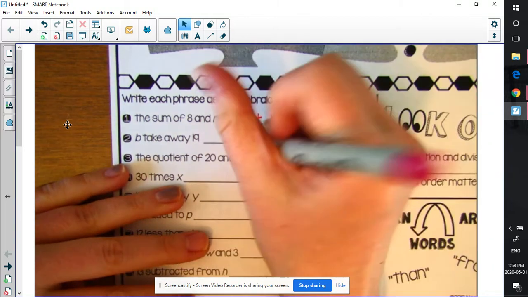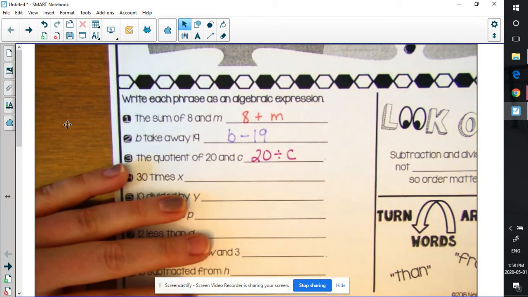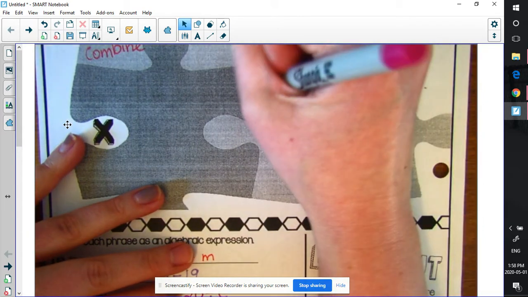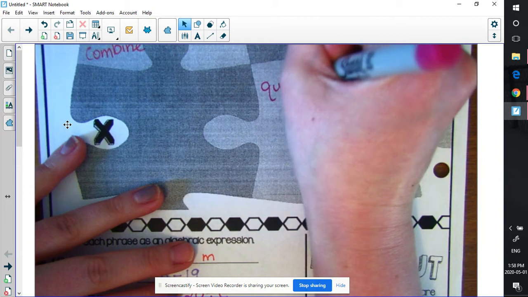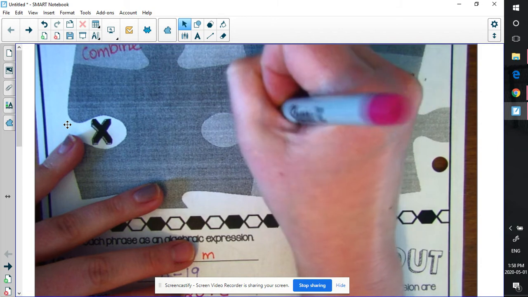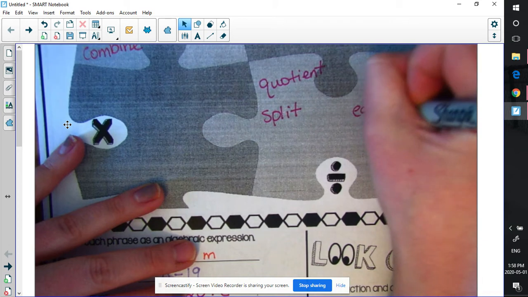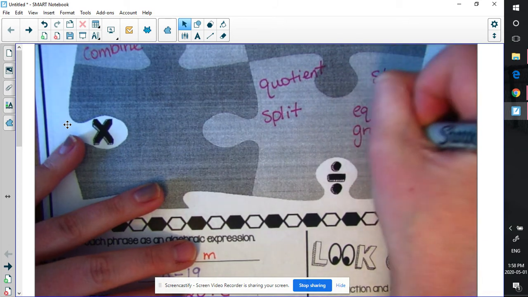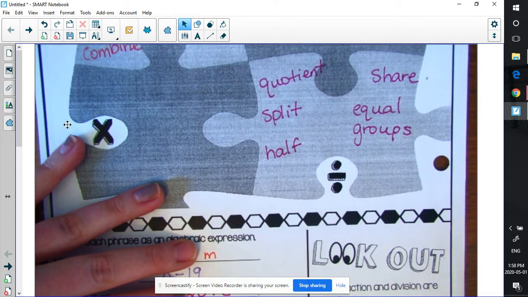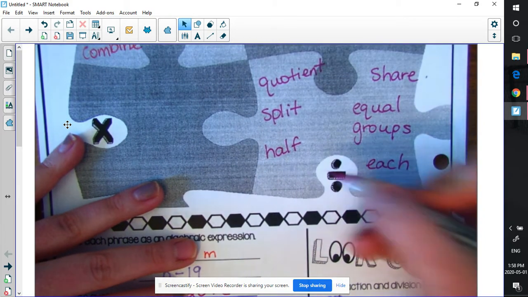So the quotient of 20 and C would be 20 divided by C. So some clue words that we might see to know we have to divide is, of course, quotient, share, split, equal groups, half, each. Any of these words should prompt you to think division.